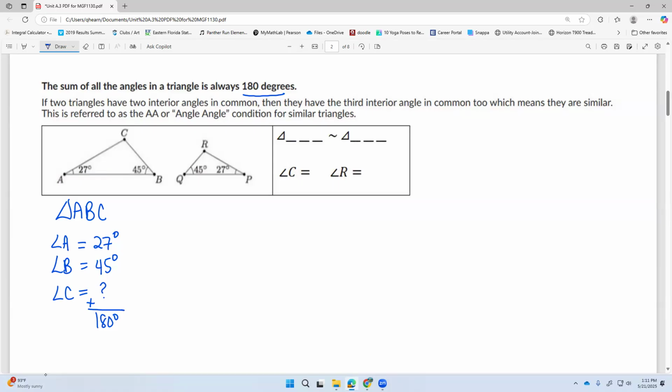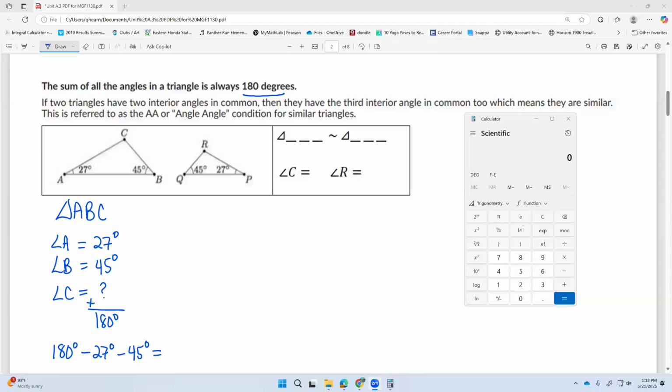So wouldn't it be true that to find the measure of angle C, we would take 180 degrees and subtract the two angles that we already know? All right, so let's use our calculators and subtract.